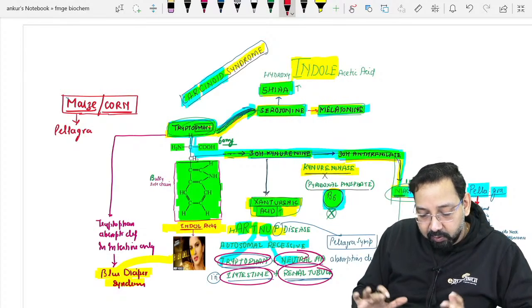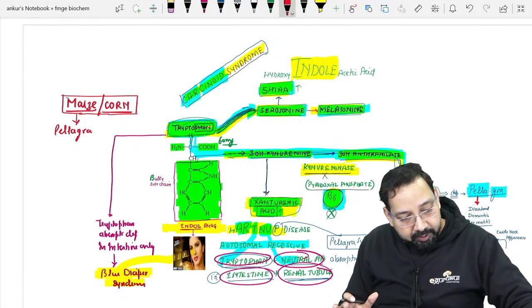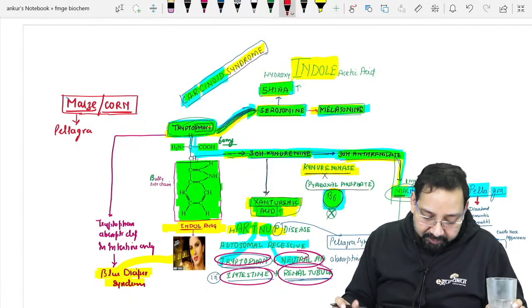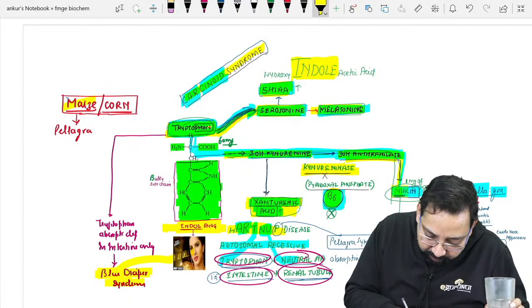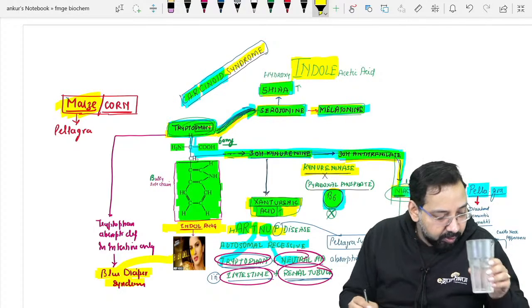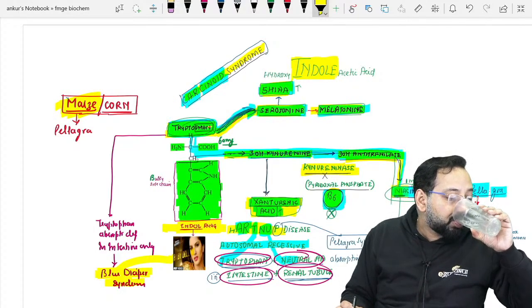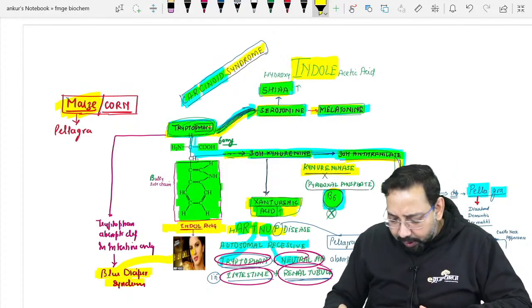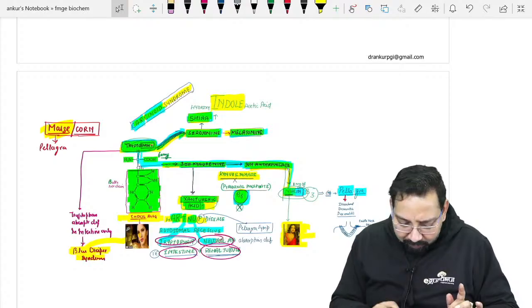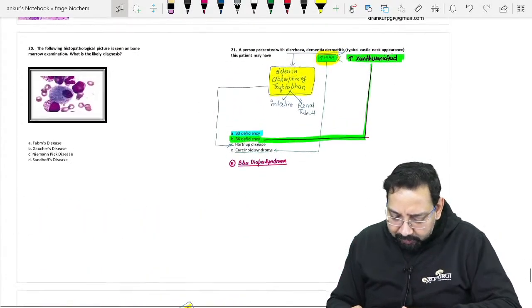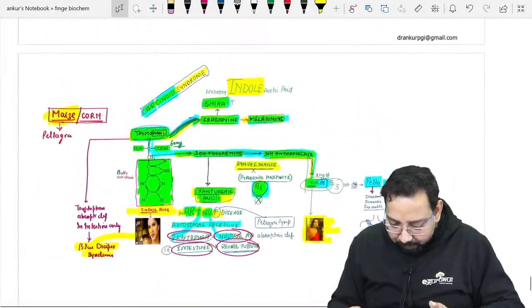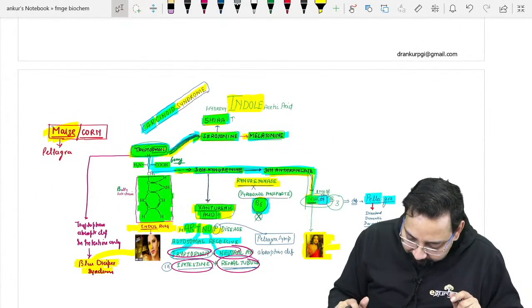Because maize and corn are deficient in tryptophan. Corn causes tryptophan deficiency. A question has been asked on maize. I want your comment on how this mnemonic was and how this integration was, because I never thought I would make these types of mnemonic.